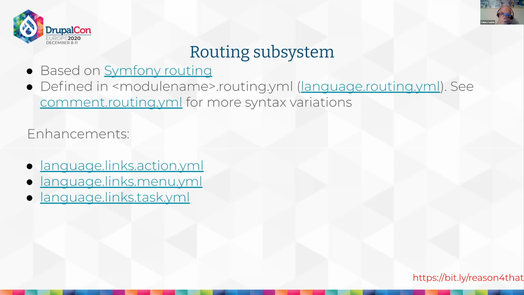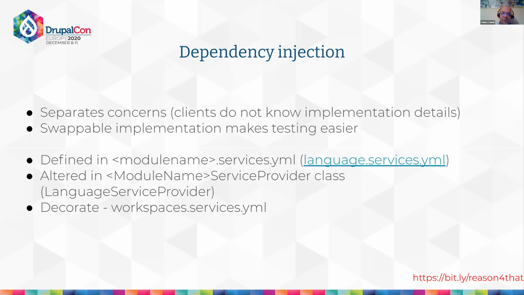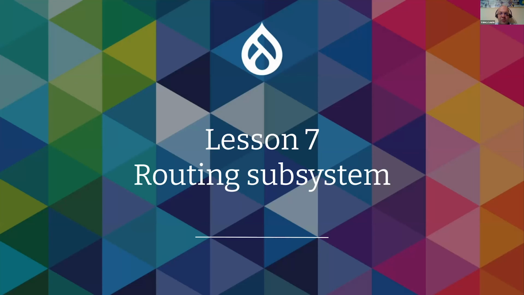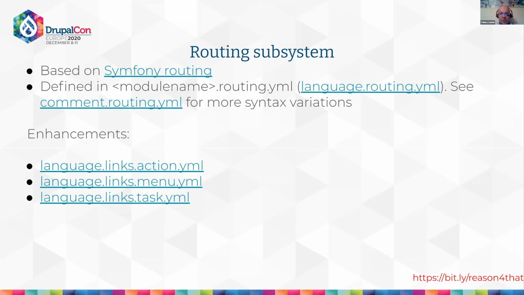And once again, similar to the services dependency injection component, the definition of routes can be both static and dynamic. Most of the needs of a typical website are covered in the static routing.yml file, but you can also define route altering services, and they can alter existing routes in a dynamic way.